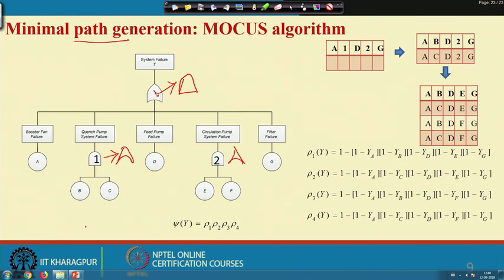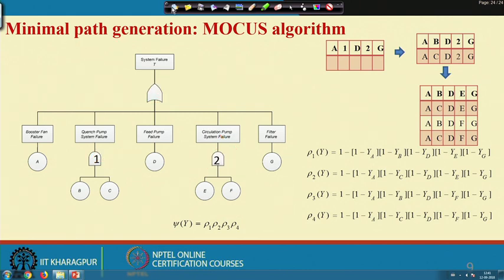So, when you put an AND gate where there was an OR gate, and you take the minimal cut representation of this converted fault tree, then you will get the minimal path.